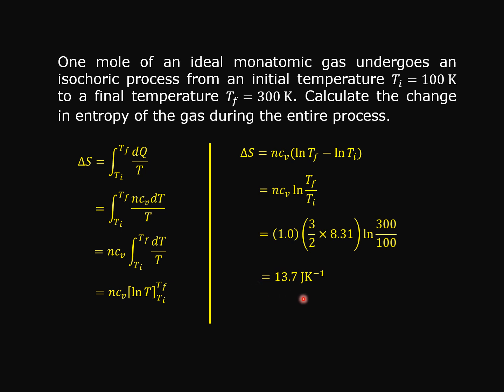Now we have delta S equal to 13.7 joules per Kelvin. This is the entropy change for the gas after the completion of the isochoric process.